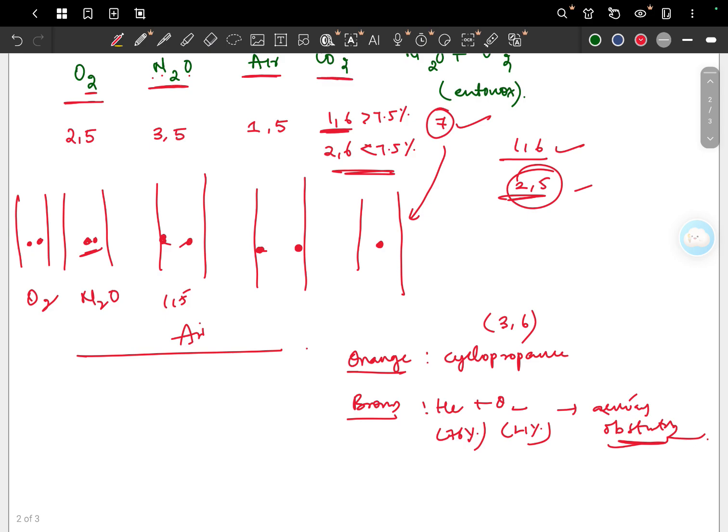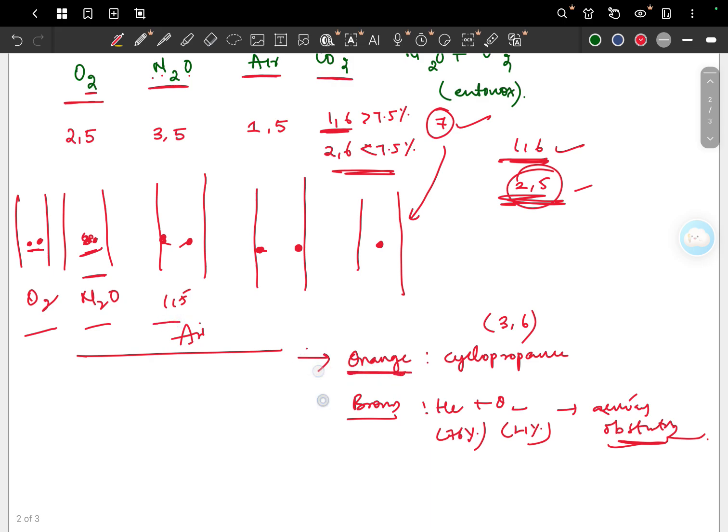For 1 and 6 it is near the wall, and 2 and 5 is between the walls, it won't touch the wall. So 2, 5 and 3, 5 are a little close, so there will be nearer dots, and this is how it looks for different cylinders.